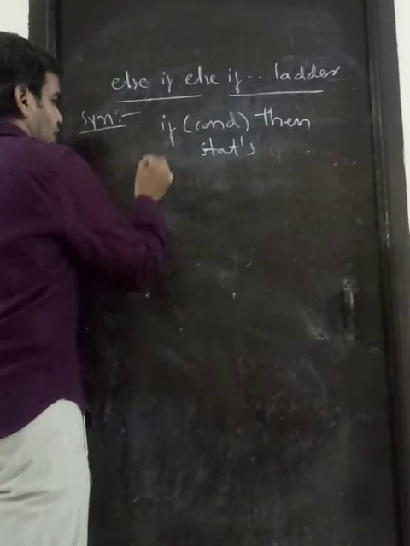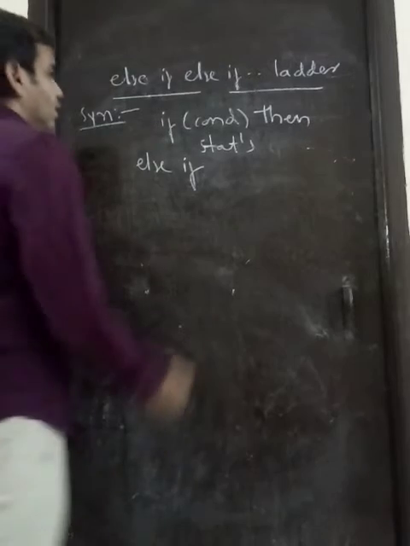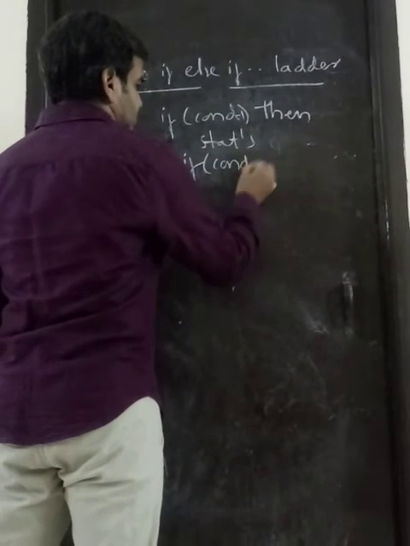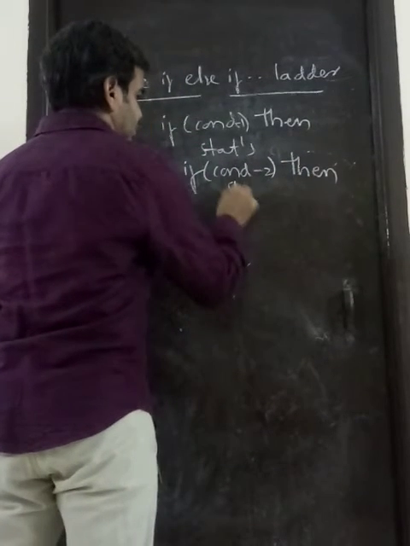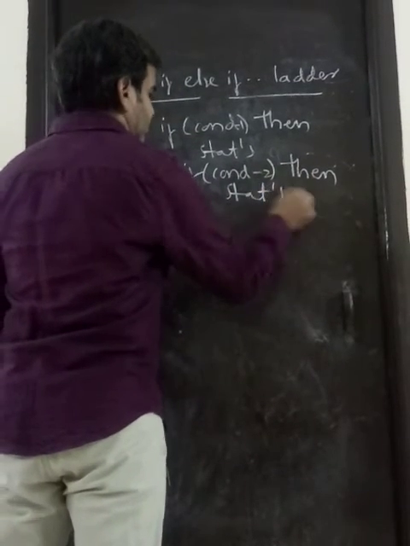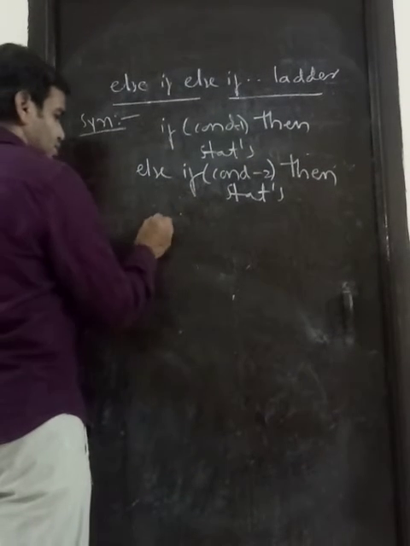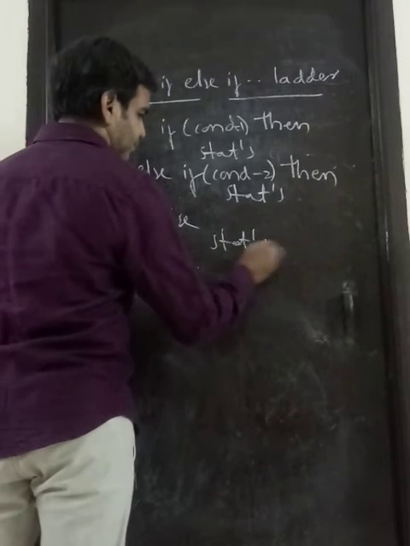Else if, there is a space between the else and if, this is condition 1, now condition 2, then statements. Like this we can specify multiple conditions. If no one condition is true, cursor goes to the last else part, else statements.